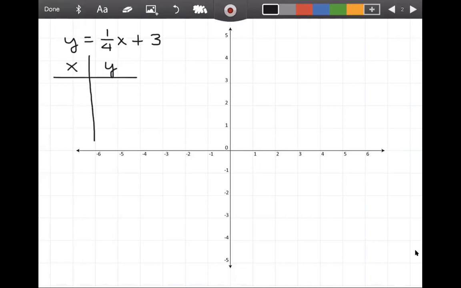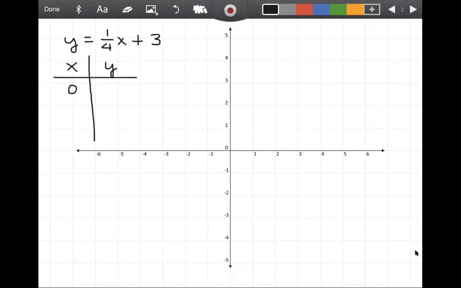So for example, x equals 0 is usually a good choice. Notice that the first thing I'm going to have to do to x is multiply it by 1/4. So my suggestion is that you use multiples of 4.